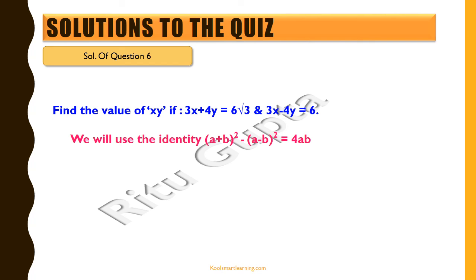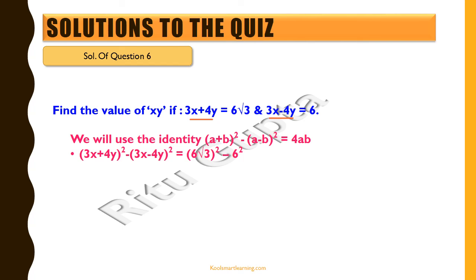We know that a plus b whole square minus a minus b whole square is equal to 4ab, and we also know, looking at the question, that these two expressions are of the type a plus b and a minus b. So we use this identity here: 3x plus 4y whole square minus 3x minus 4y whole square is equal to 6 root 3 whole square minus 6 square.